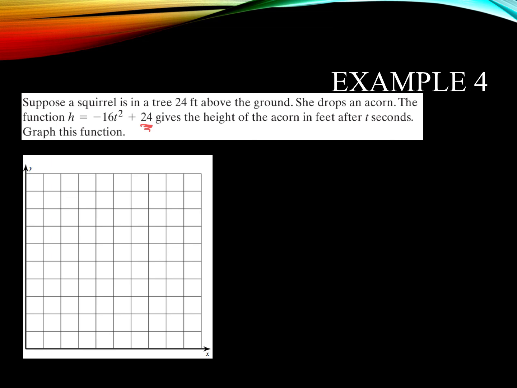So when I set my table up, I'm going to start out with time and height, and I'm going to start with a time of t equals 0. When I plug a 0 in for t squared, I can see that that's going to leave me with 24. Then I might do something like 1 second and 2 seconds. When t equals 1, -16 times 1 is -16, plus 24. That's going to give me 8.